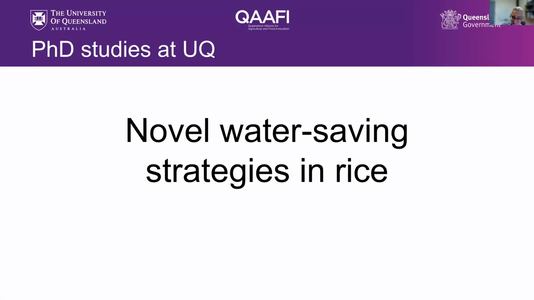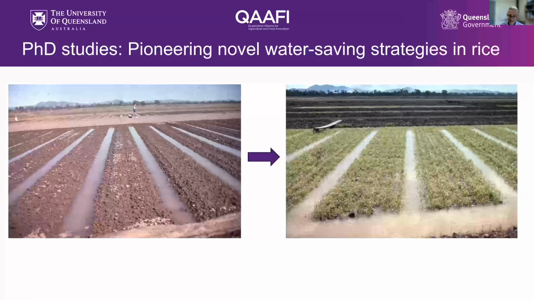My PhD studies at UQ were about novel water-saving strategies in rice. And this was driven by the rice industry at the time, because 40% of their total variable costs went in paying for water. So they wanted to see if we could develop a system for growing it with less water.